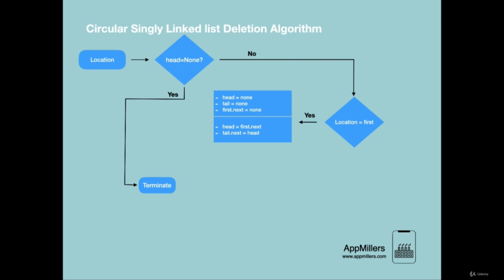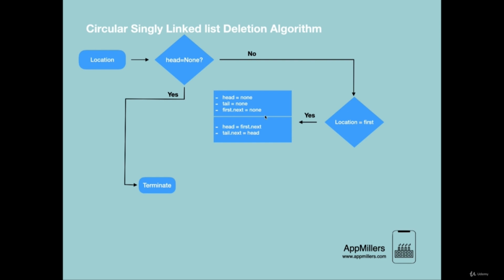We know that we have three references to this node. The first reference comes from the head, the second reference comes from the tail, and the third reference comes from itself, so it's referencing itself. Now in this case, if we set all these references to none, the node becomes eligible for garbage collection, so garbage collection comes and deletes it. So here, as a first case, we are setting all these references to none.